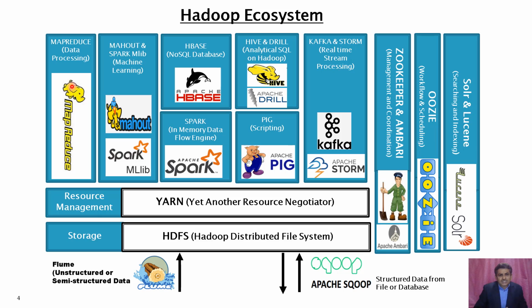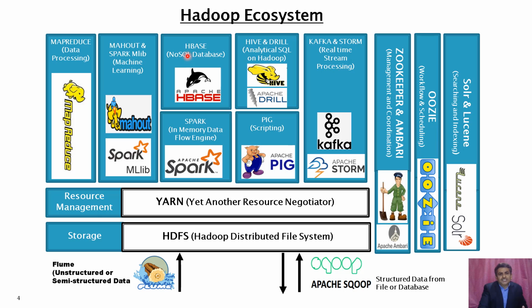Apart from these, there are other components that are part of the Hadoop ecosystem. The next is Mahout and Spark MLlib. Mahout and Spark MLlib do the tasks related to machine learning. So whenever we have to do the task of supervised or unsupervised learning, we have to use either Mahout or the Spark MLlib.